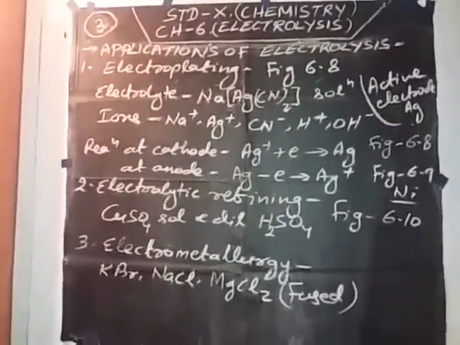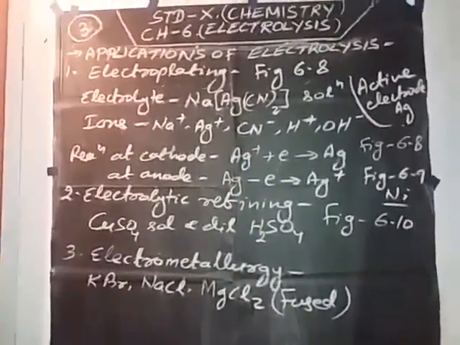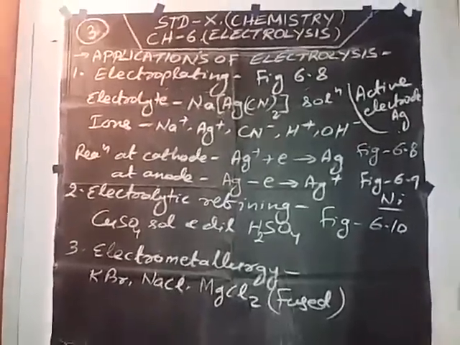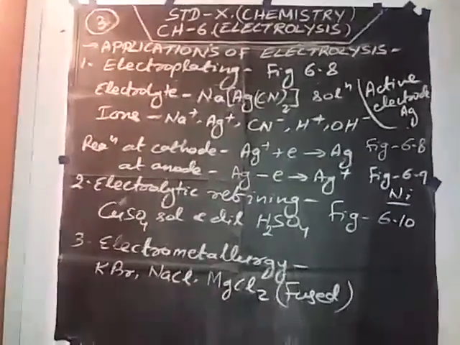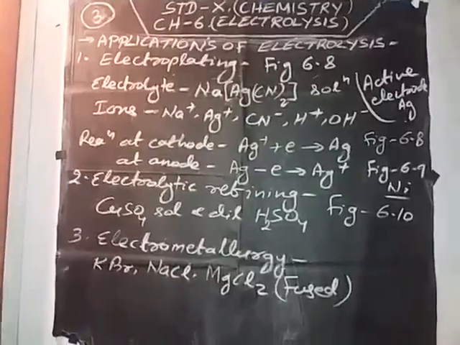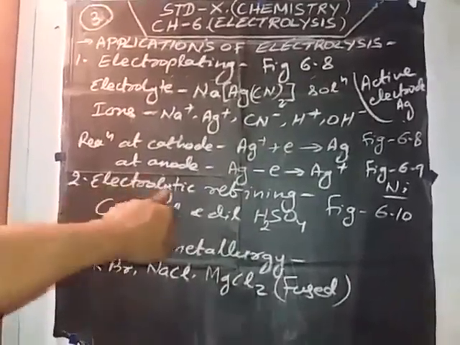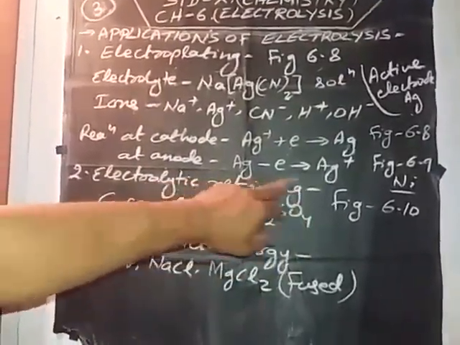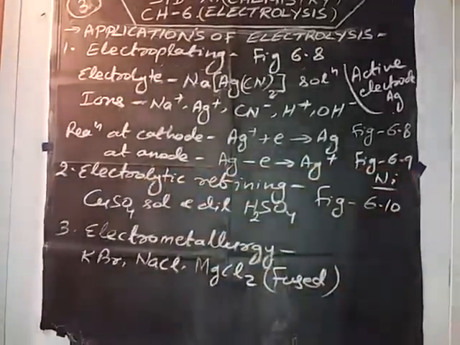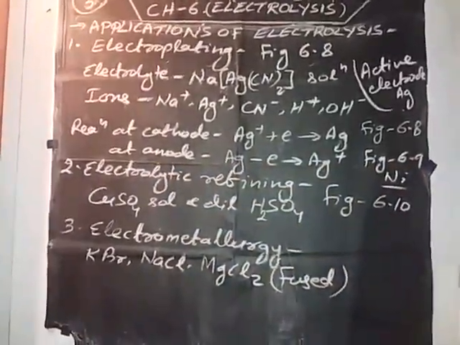See figure 6.8, how you can electroplate a metal with silver. Another example, figure 6.9, is electroplating with nickel.